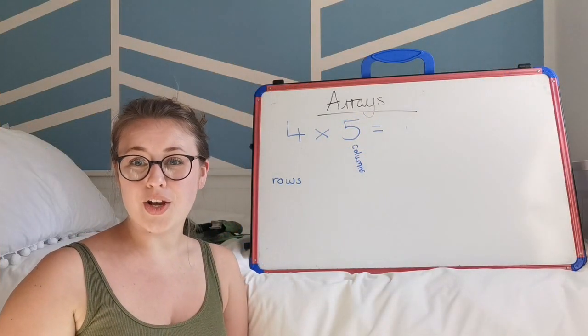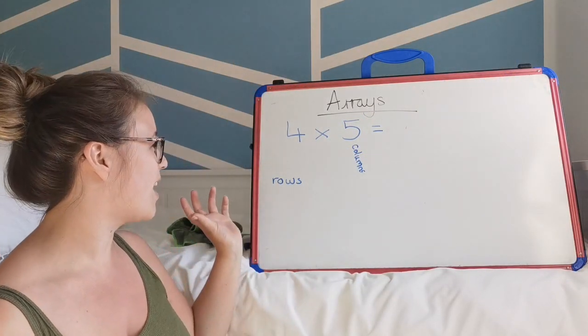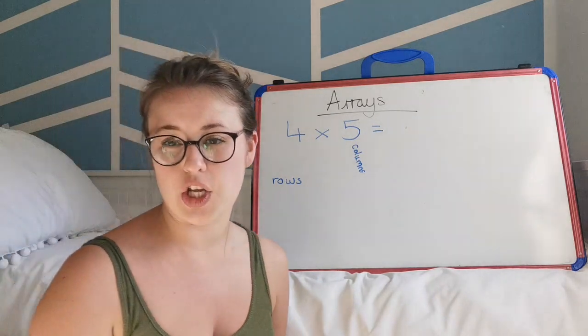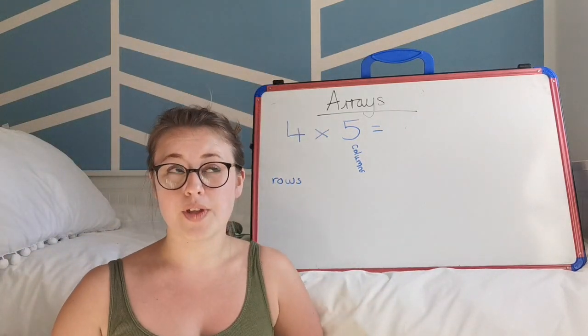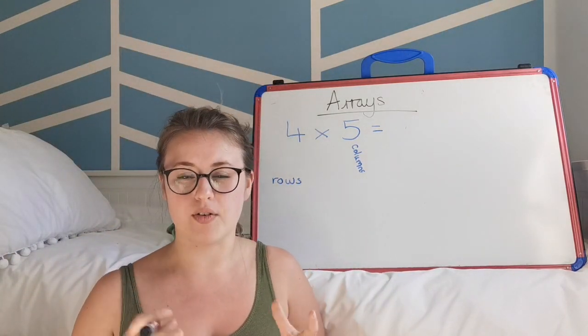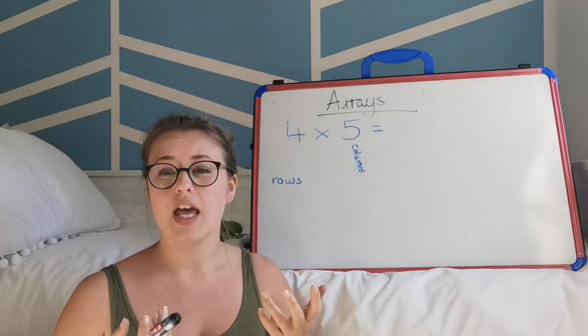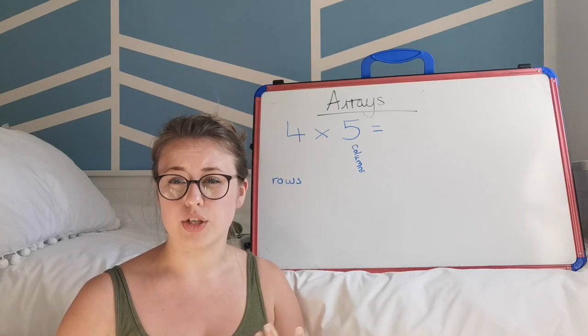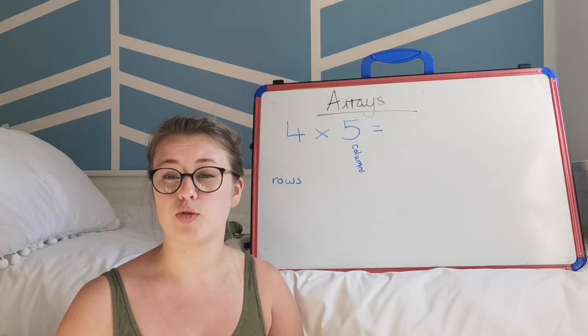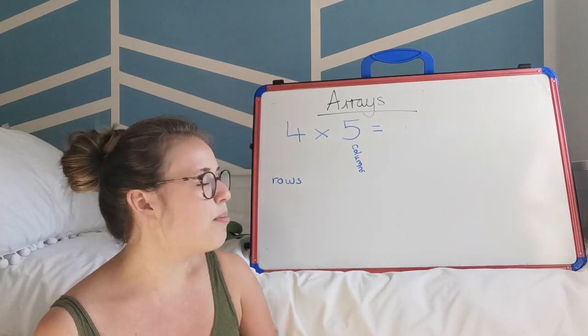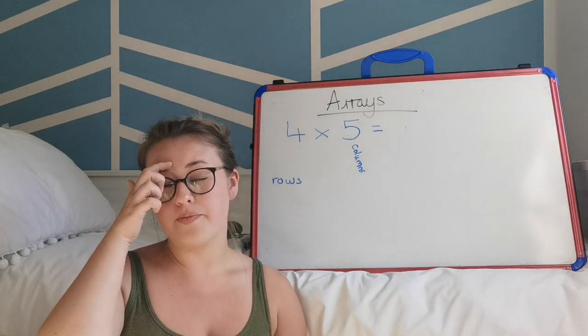Arrays are really good to learn for when we are looking at multiplication and division, because they can be used in both areas. What is really important is learning how to read an array so that you can write a number sentence, or so that you can actually use it to help you solve a number sentence. They can be flipped and turned.